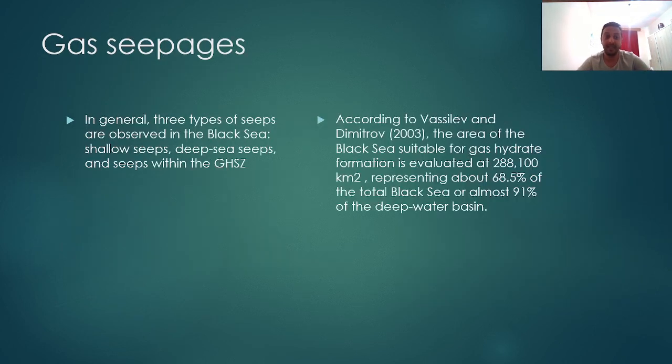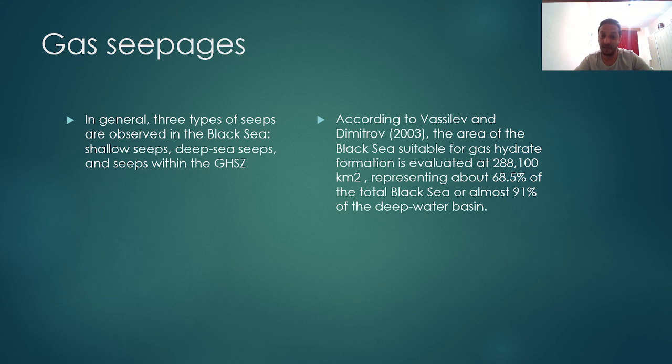In general, three types of seeps are observed in the Black Sea. There is a seep in the shallow sea near the coasts, there is also one in the deep sea, and also one in the gas hydrate stability zone, so it is below the sea floor.